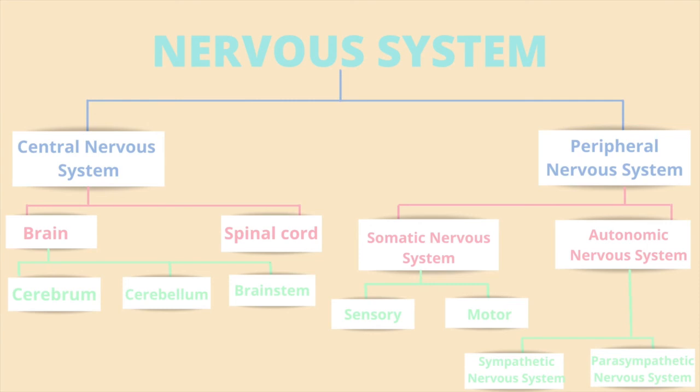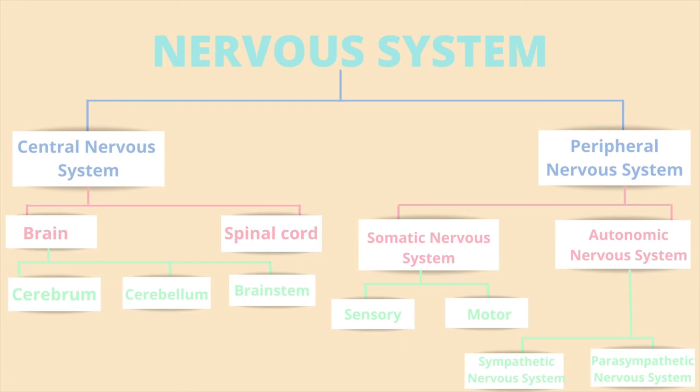So, let's now recap on the PNS, or the peripheral nervous system, which is the nervous system outside the CNS, and is divided into the somatic nervous system and the autonomic nervous system. The somatic nervous system has two neurons, sensory and motor neurons. Sensory is also known as afferent neuron, and motor neurons are also known as efferent neurons.